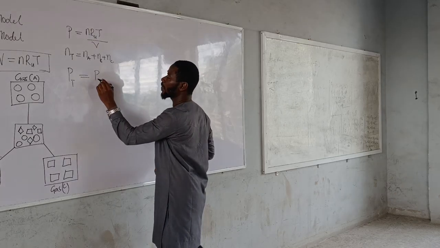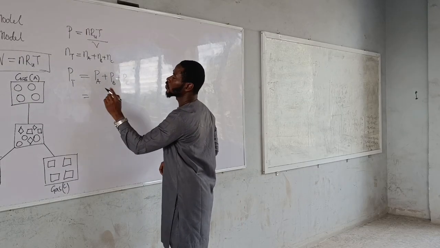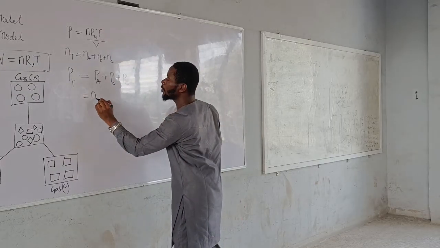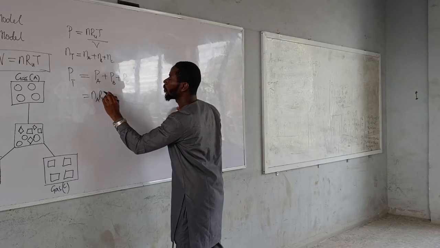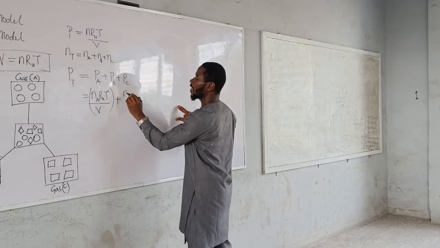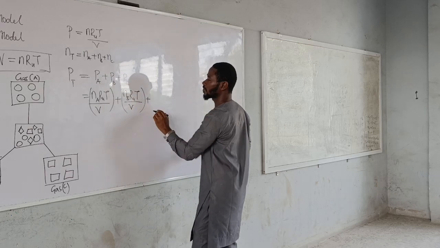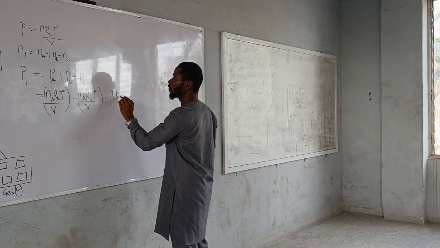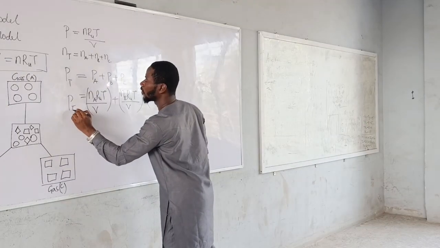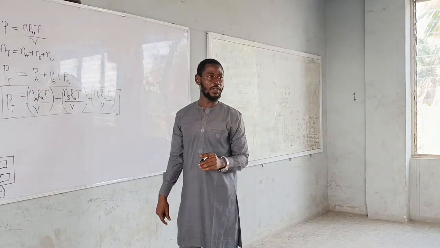The partial pressure A plus partial pressure B plus partial pressure C. So going back to this, make this expression for A. We have the number of moles of A, Ru multiplied by T over V. That is for gas A, plus gas B, nB, the universal gas constant, the temperature divided by the volume, and lastly, nC Ru multiplied by T divided by V. This is the total pressure that occurs in the mixture following Dalton's law model.